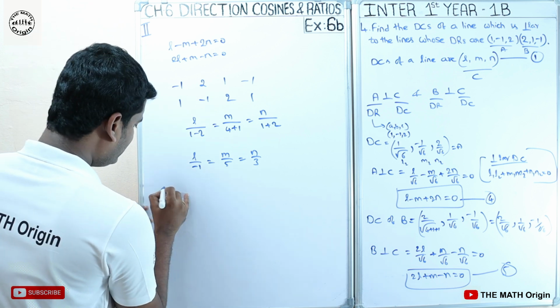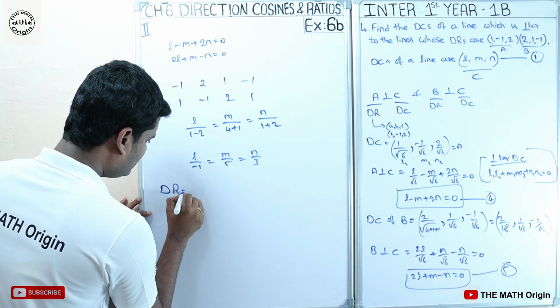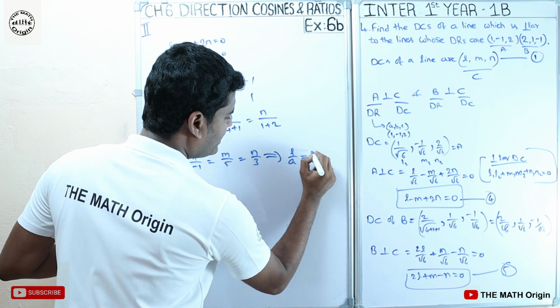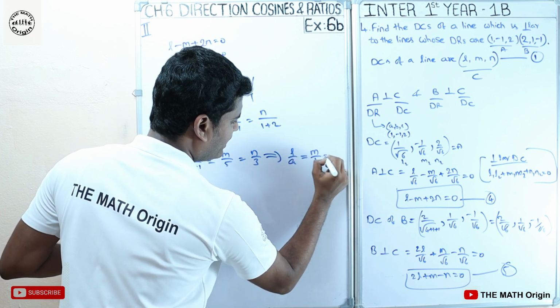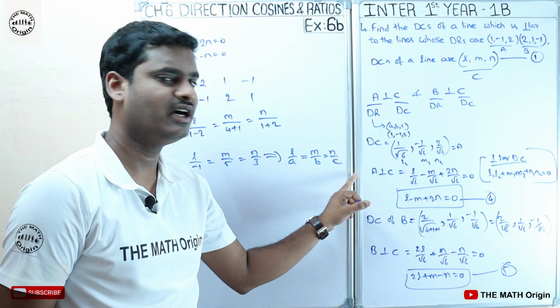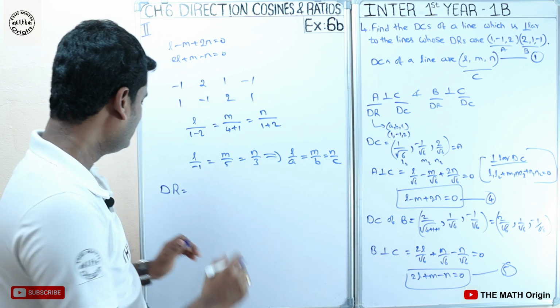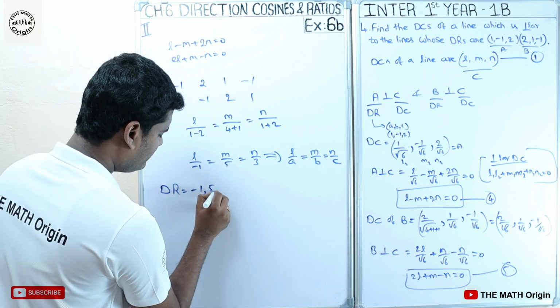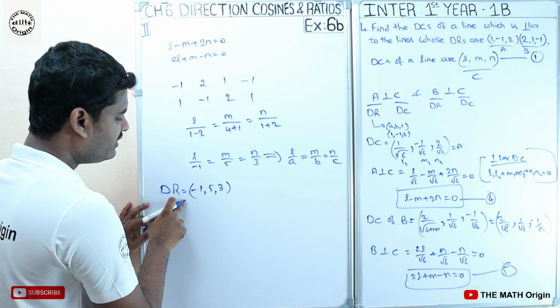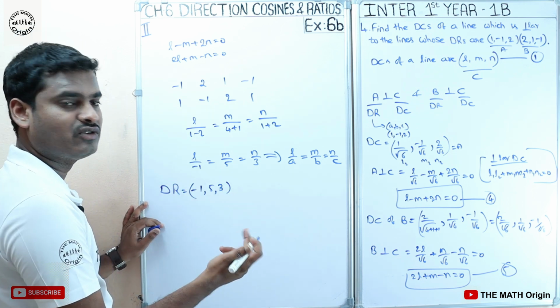Now if you see here, these are in the format l by a, m by b and n by c. l, m, n are direction cosines, a, b, c are direction ratios. Now let's take direction ratios minus 1, 5, 3. From these direction ratios we can find the direction cosines.